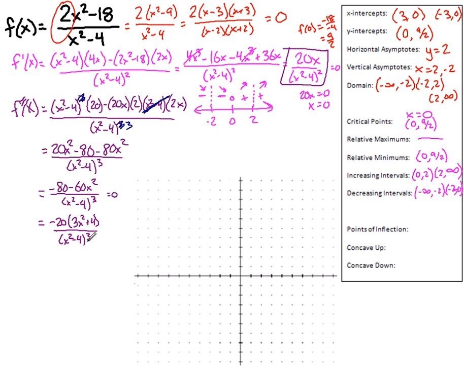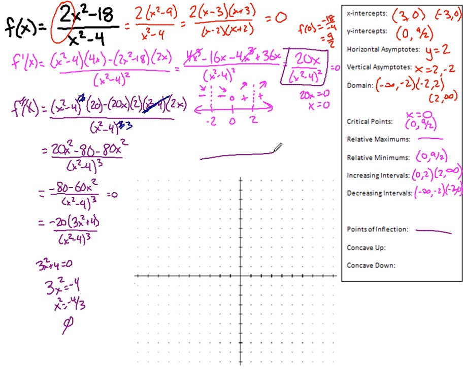If I set that top equal to 0, as I did here, well, it means that 3x squared, I'm sorry, plus 4 equals 0. That means 3x squared equals negative 4. X squared would equal negative 4 over 3. Well, x squared can never give you a negative number. So that means this doesn't exist. So that means after all that work, there are no points of inflection.